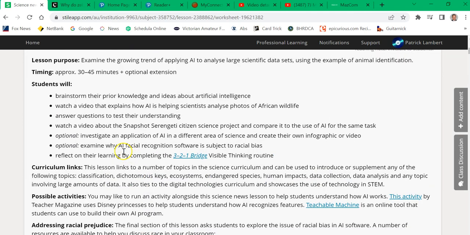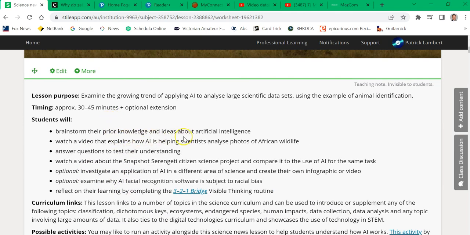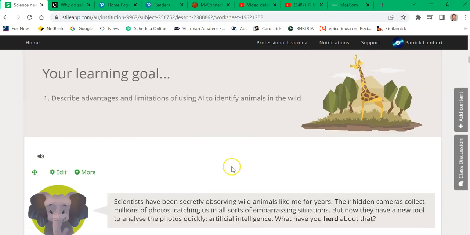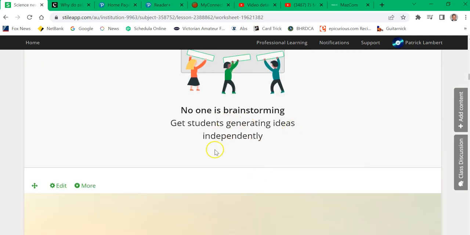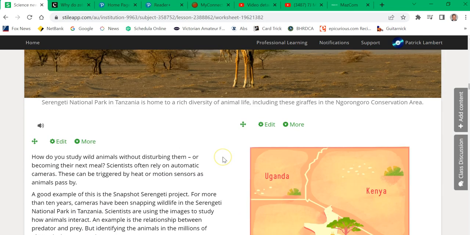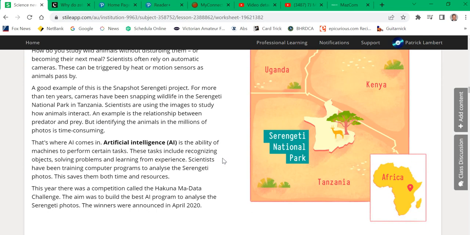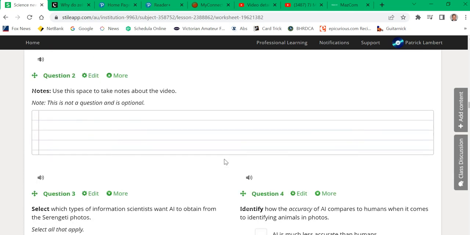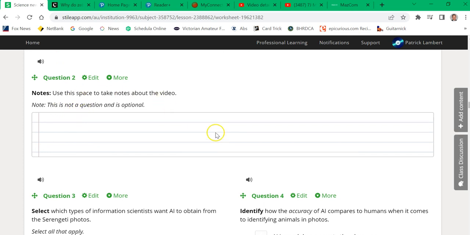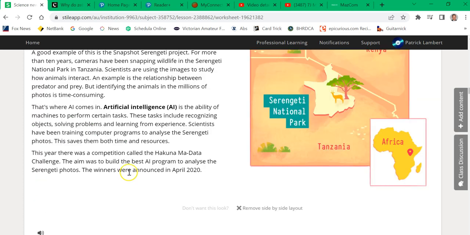Now, we won't be able to brainstorm because I'm not there, but we can do this when we're in the lab. We can have a brainstorming session, but you can make notes, your own notes. Okay, you can generate your own ideas, and we can talk about those tomorrow when we will be doing some more classification activities. Okay, and you can use space to take notes about the video here.